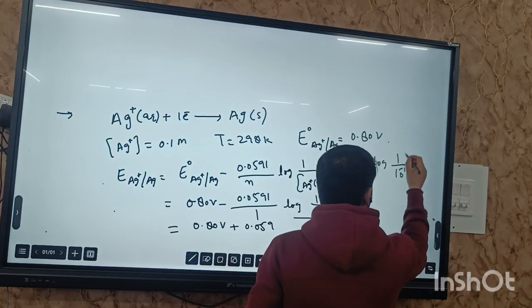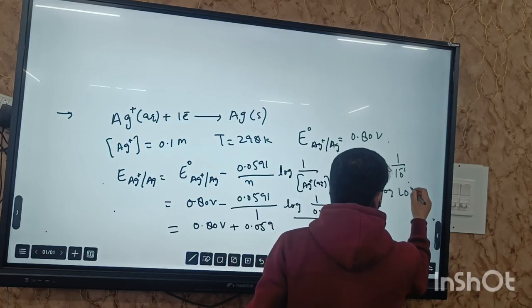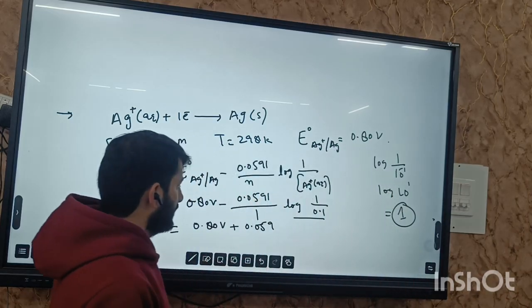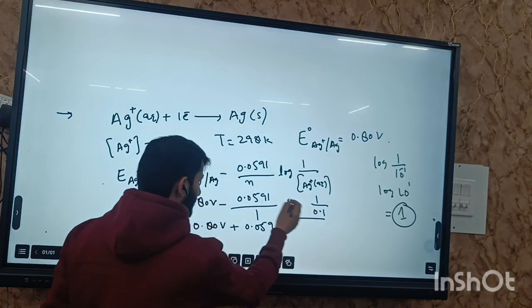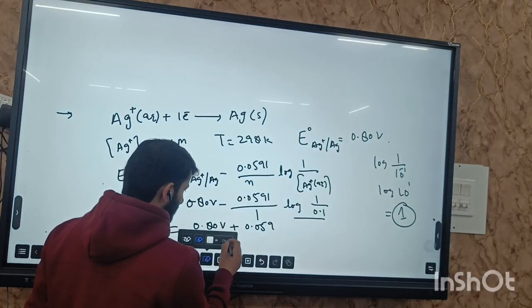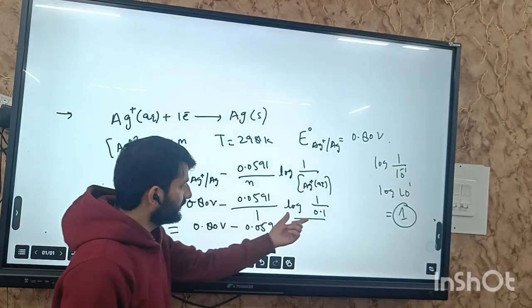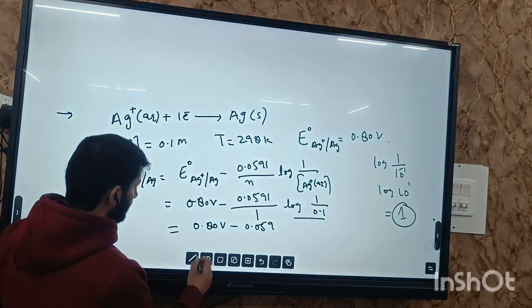When it goes up, it will become log 10 power 1. So it is log 10, which is equal to 1, not minus 1. So therefore here it should be minus, because this comes out to be plus. So what will the value be now?